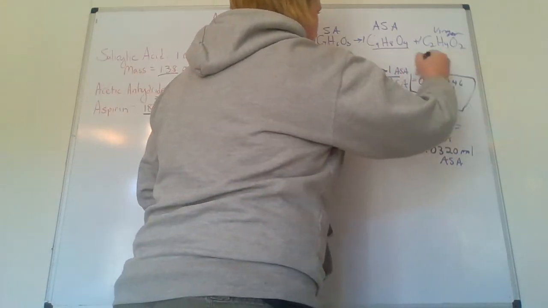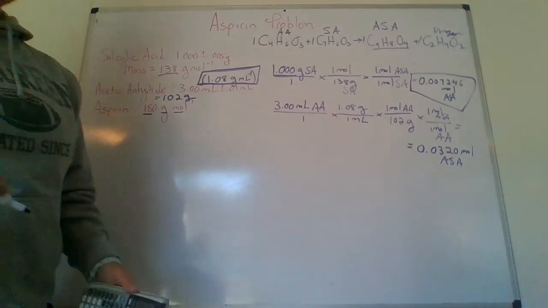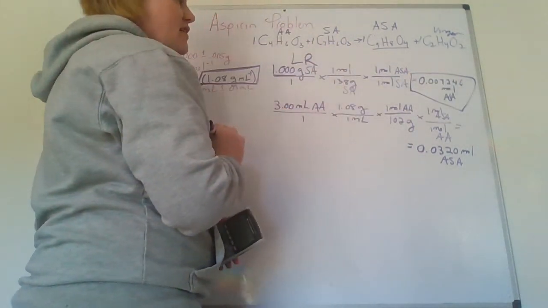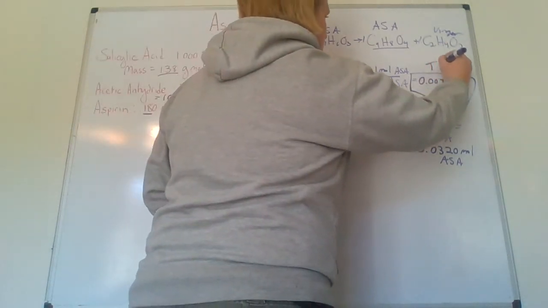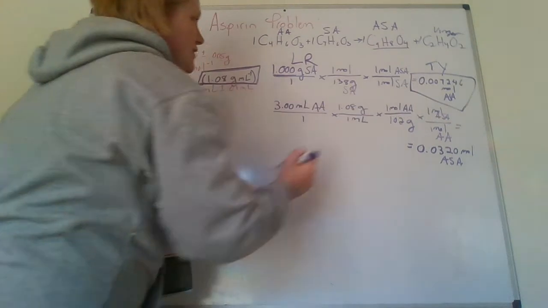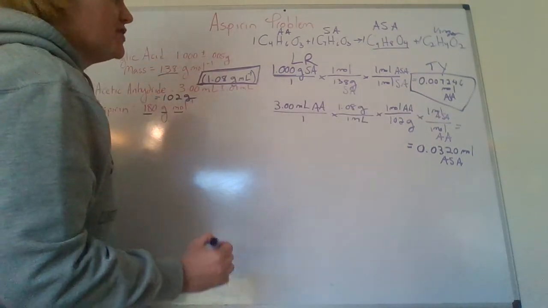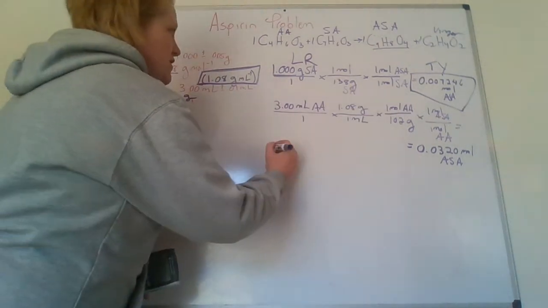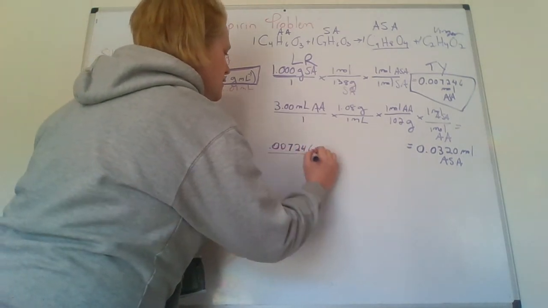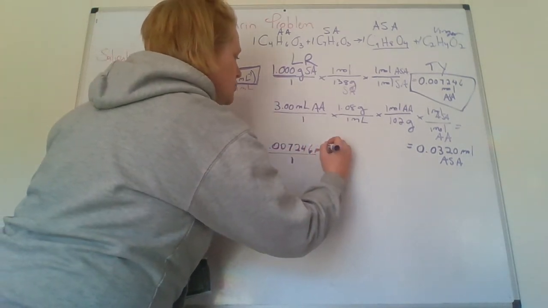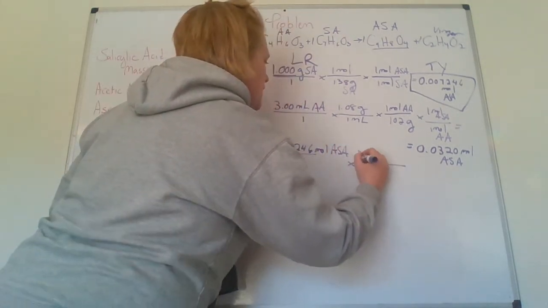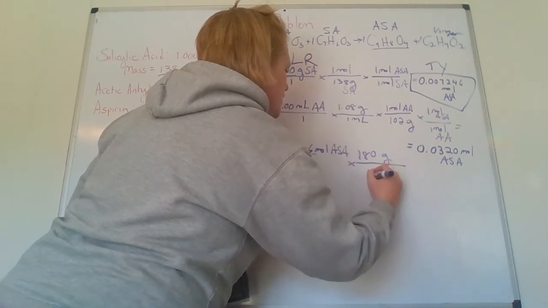However, when you use the density the appropriate way, my limiting reagent is going to be the SA, the salicylic acid, and my theoretical yield will come from the moles of 0.007246. So I'm going to take that 0.007246 over 1, and this is moles of aspirin, times 180 grams for every 1 mole.